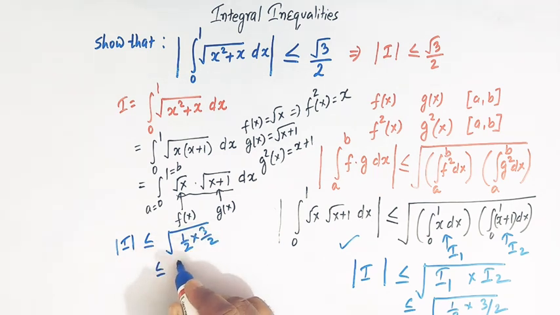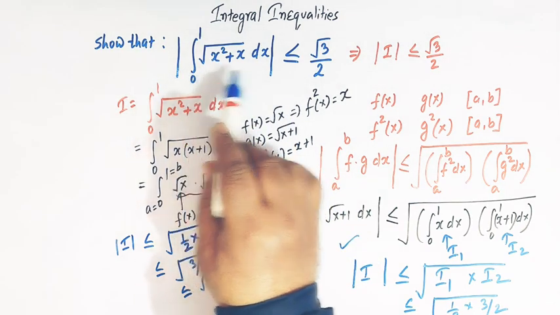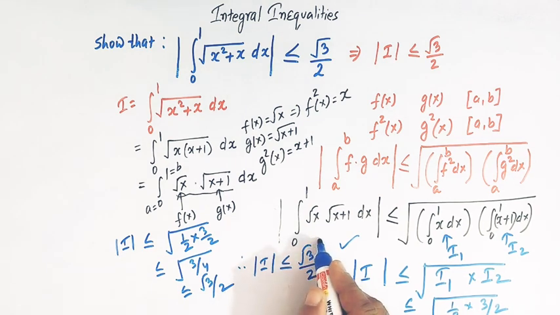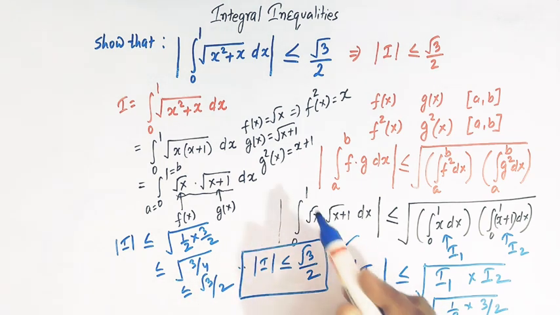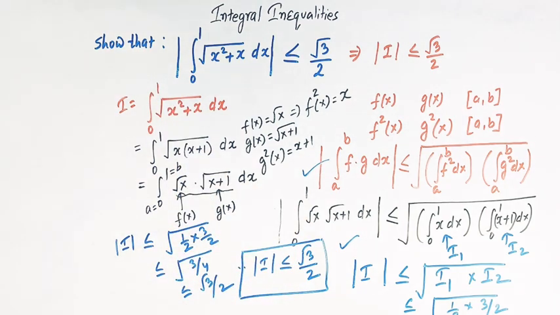This is square root of 3 over 4, that is square root of 3 over 2, since the square root of 4 is 2, right? So this is how we have obtained this inequality, that the absolute value of the integral I is less than or equal to square root of 3 divided by 2. Viewers, this is how, by making use of this important integral inequality, we can solve these kinds of integral inequalities.